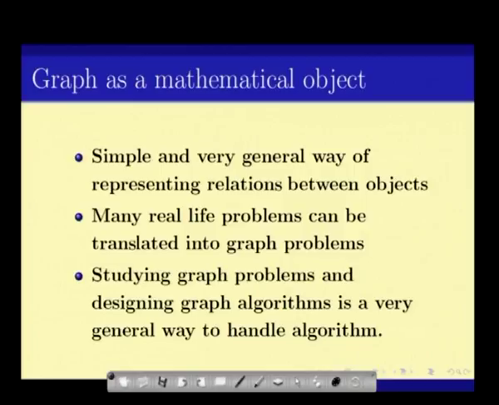The edges were connecting vertices if these two vertices were related. Under this simple notion or definition, we define this graph, and we also saw that many real life problems can be translated into graph problems. Thus, studying graph problems, we argued, is a very important part of algorithms.